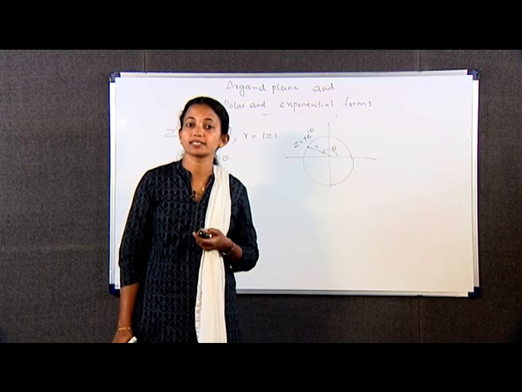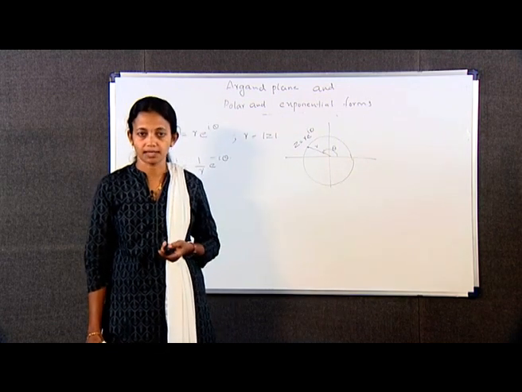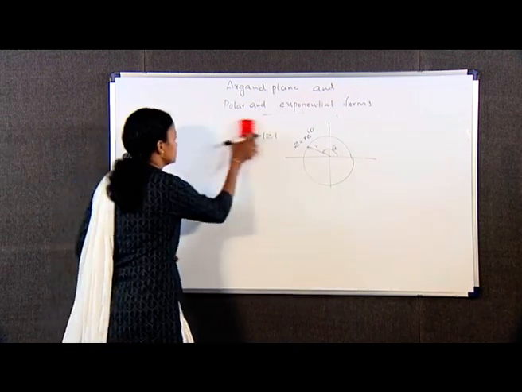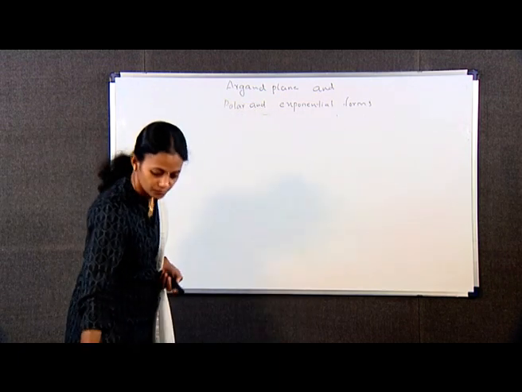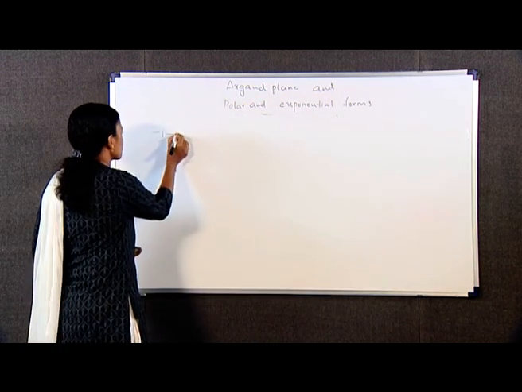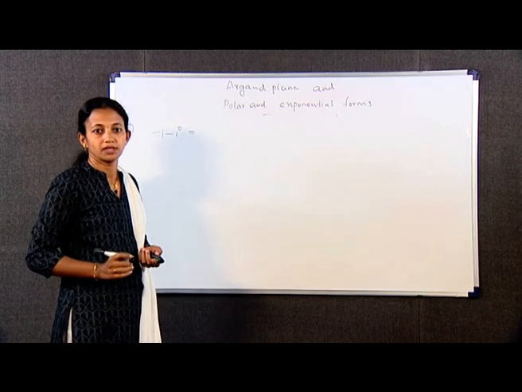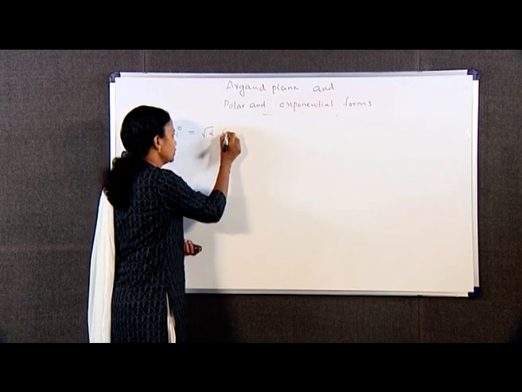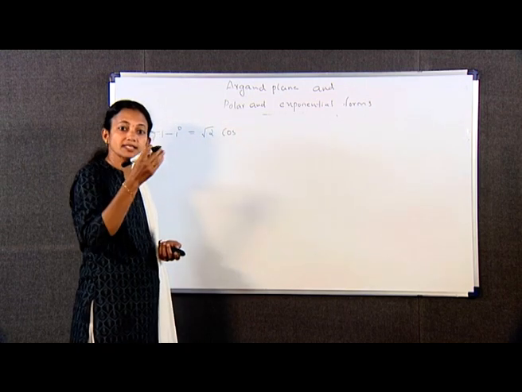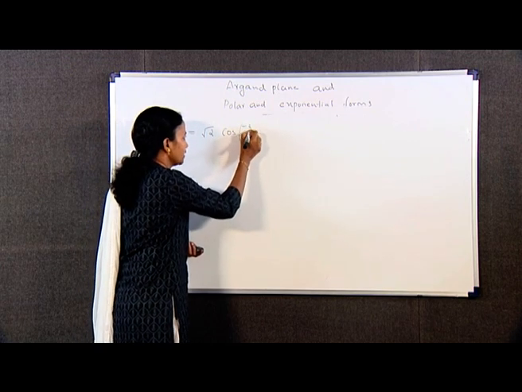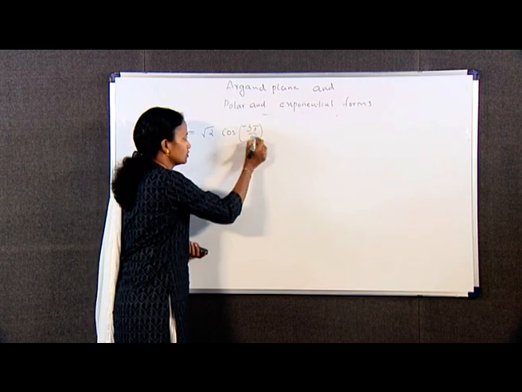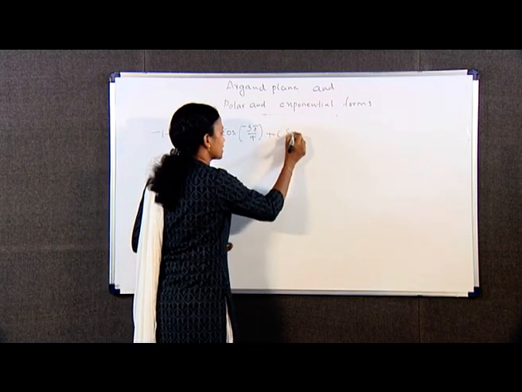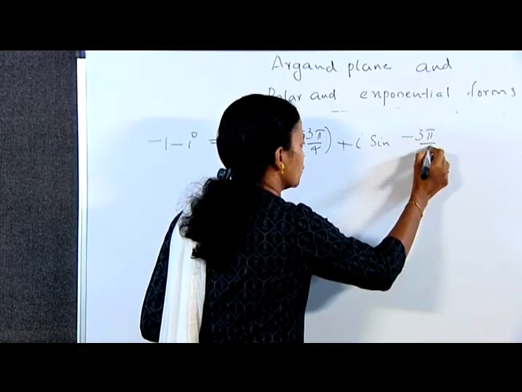Thus the point has a polar representation, that is minus 1 minus I is equal to square root of 2 into cos minus 3 pi by 4 plus I sin minus 3 pi by 4.